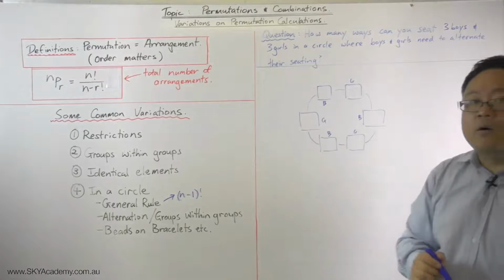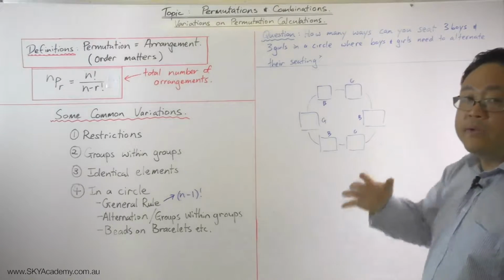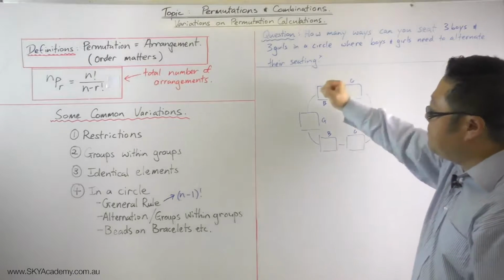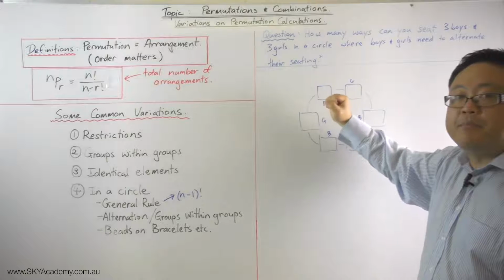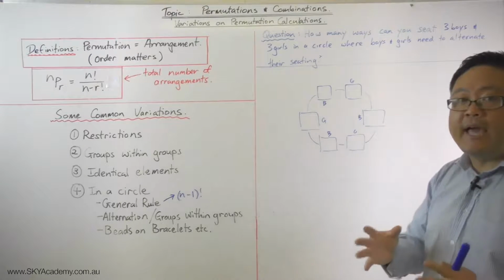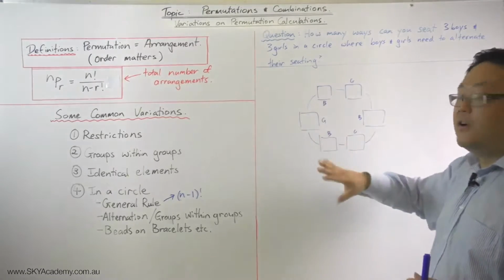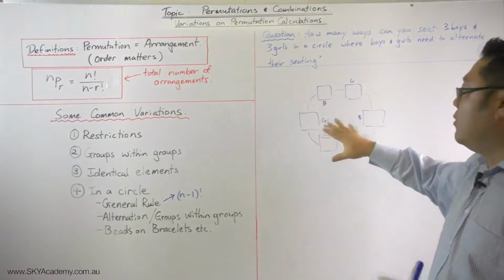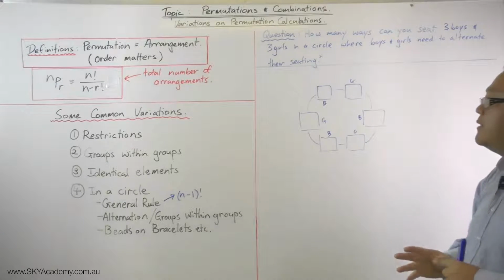Now, what we need to do is anchor, whether it's a boy or a girl, we've got to anchor one person in place, and fix that one person in place so that it takes into account all the variations of what would happen if we rotate all the boys and the girls around the circle.